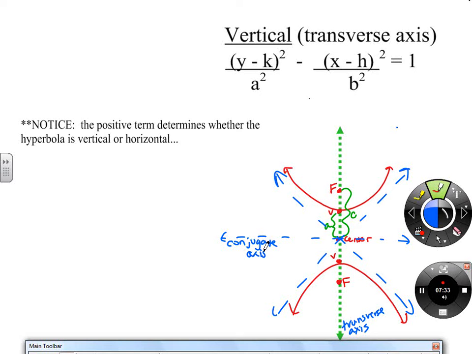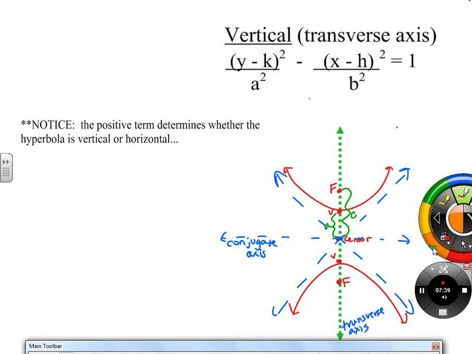And again, we were talking about our asymptotes and about how we derive those from looking at numbers in the equation, and that b value actually indicates the slope. So from the center, we rose some amount, which here is clearly a because we're going up from there to there, and we run some amount to find another point along the asymptote, and that run distance here is going to be b.